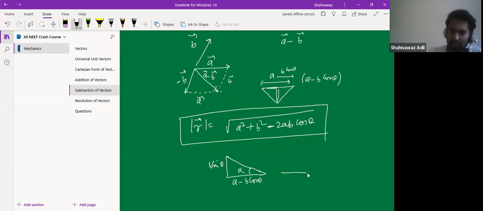For the addition one, we had A plus B cos theta and B sine theta, so for addition we had this triangle.